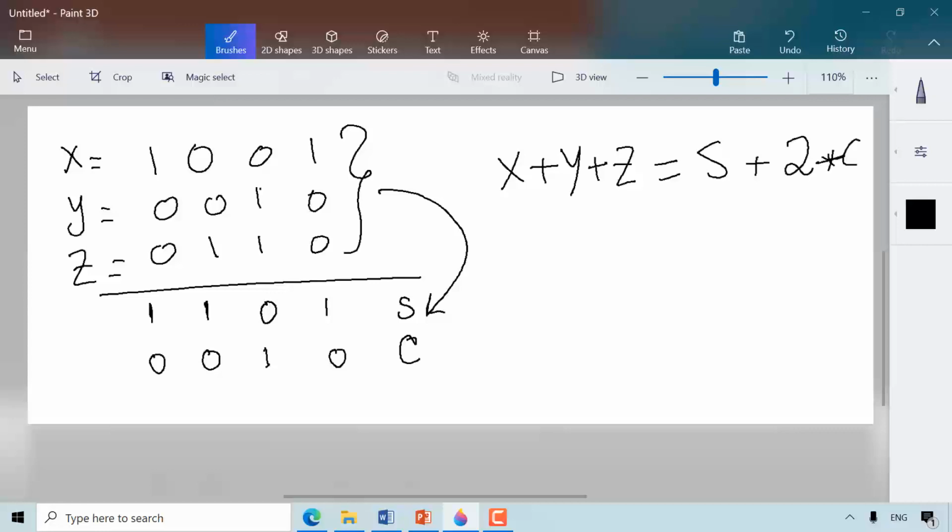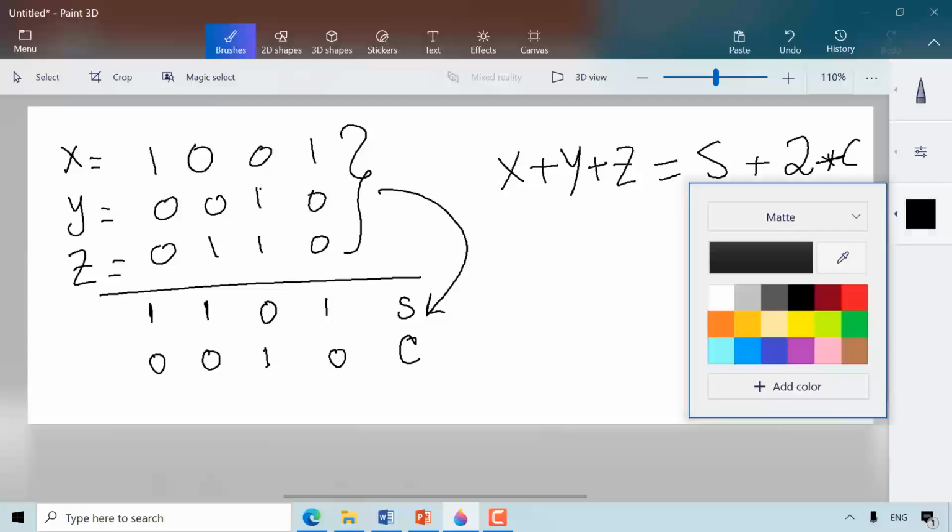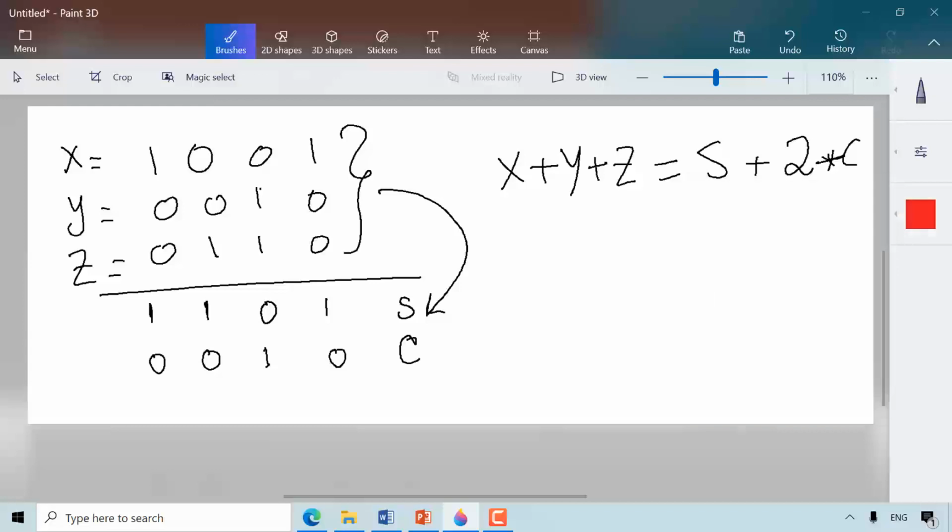Okay, let's double check our math here. What is the value of x here? It is 9. Plus, what's the value of y? 2. What's the value of z here? 6. So that comes to 17.